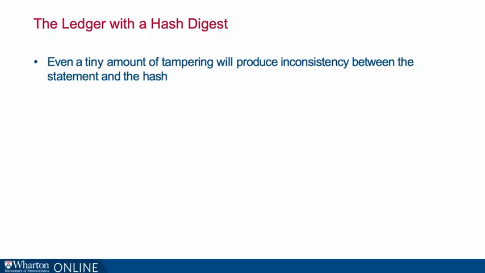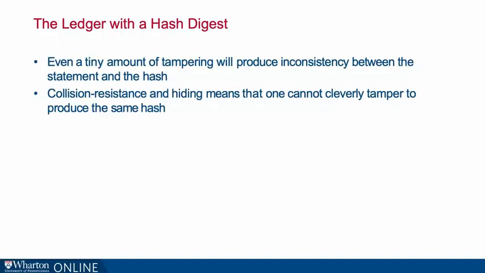So using my previous example, you can get the sense that even a tiny amount of tampering will produce an enormous inconsistency between the statement and the hash. So try it. Type in different, very small modifications of a statement, and you can see you get a very, very different output. So unlike my trivial digest method, where I used the first letters of the name, collision resistance and hiding means that one cannot cleverly tamper to produce the same hash.